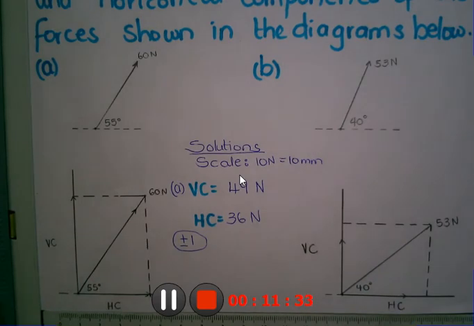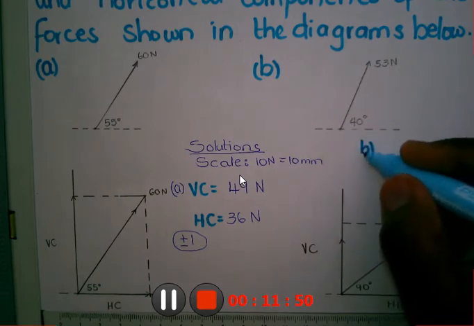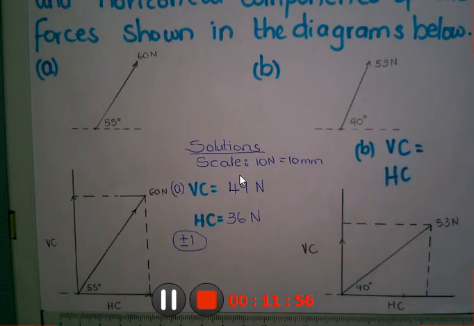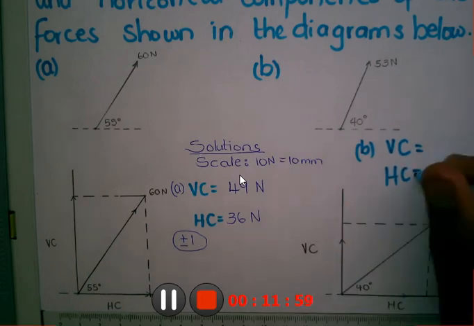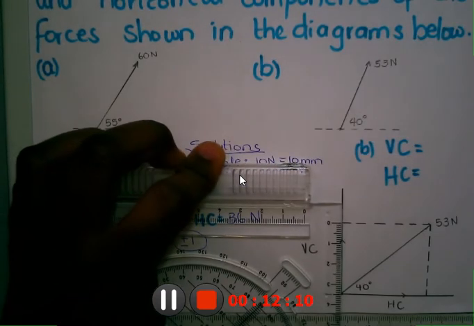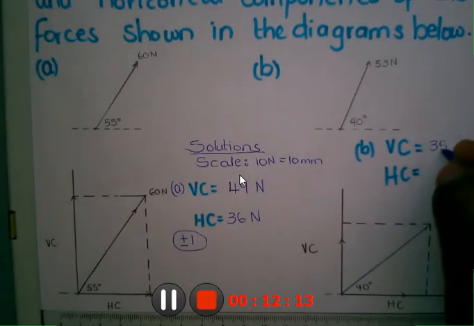It's very, very important that you label your diagrams. Do not leave your diagrams without labels. Make sure they are labeled. Now you have got that. All you are left with is to measure your answers, VC and then AC. So in this diagram, my VC is exactly 35 newtons.